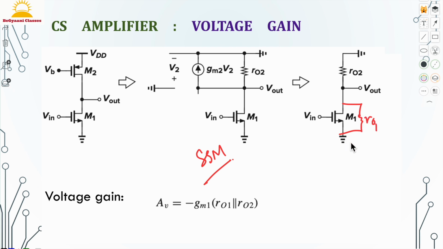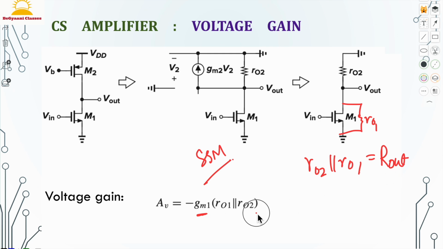So this combination of RO2 parallel RO1 is the output resistance of this common source amplifier, and hence the voltage gain is given by the product of the transconductance of the driving transistor, that is gm1, with a negative sign, multiplied with the output resistance, that is RO1 parallel RO2.